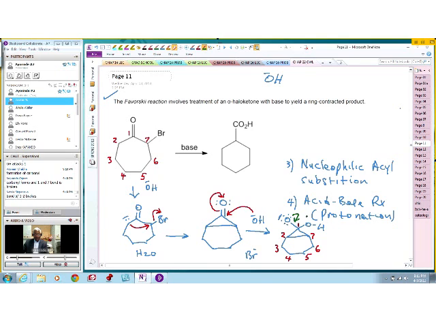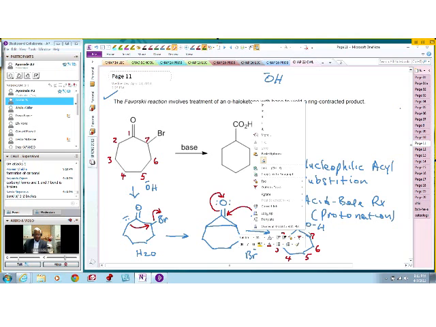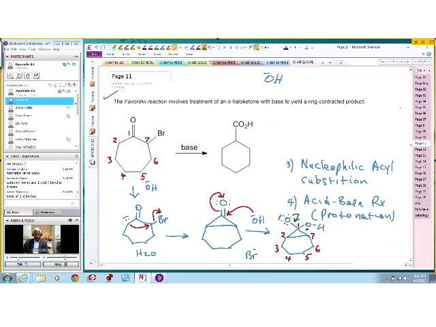That comes right back here. And when you do that, the bond between carbon 1 and carbon 7 will break, and thereby place the electron on here. So therefore, that gives us this.